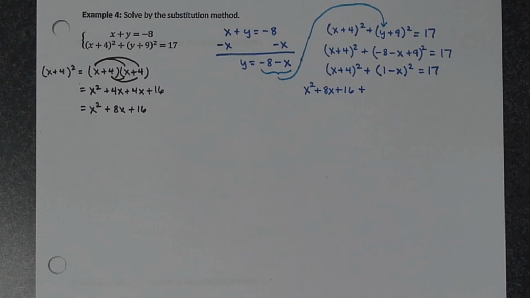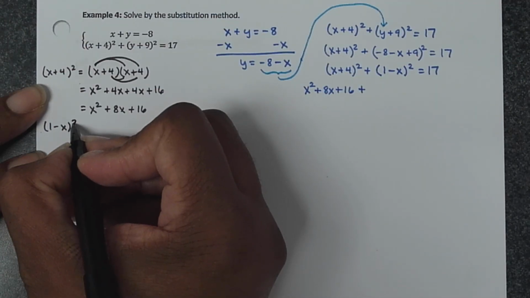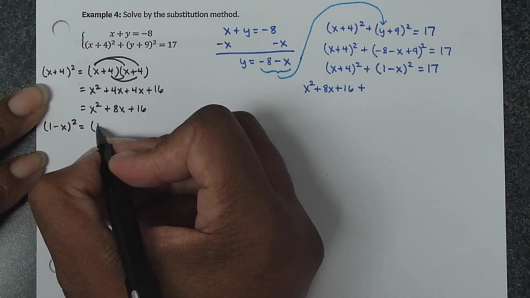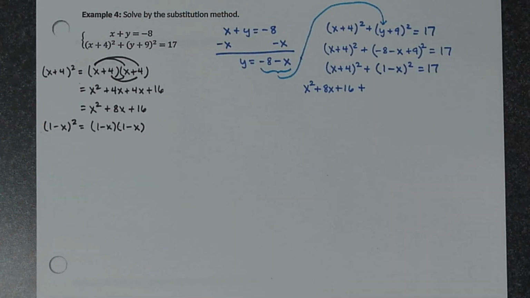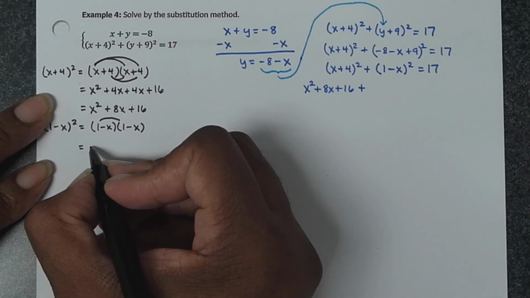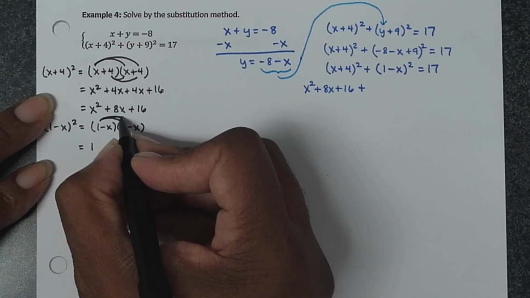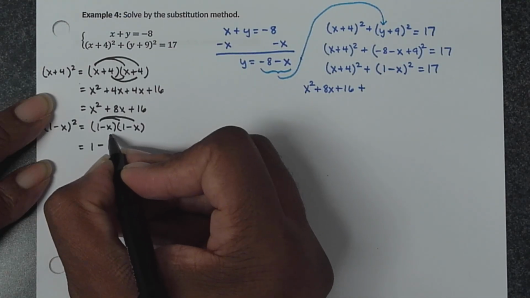And then for the 1 minus x quantity squared, I can write that as 1 minus x times 1 minus x, and again use the FOIL method like I did before. So here 1 times 1 will be 1. The outer, 1 times the minus x will be minus 1x.